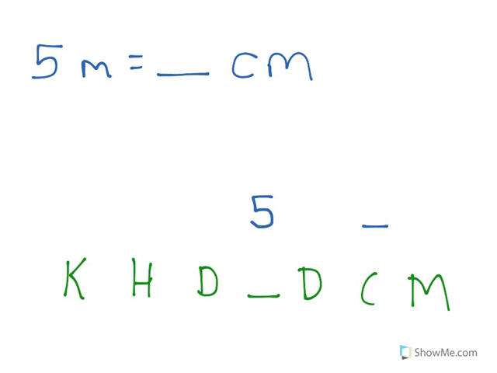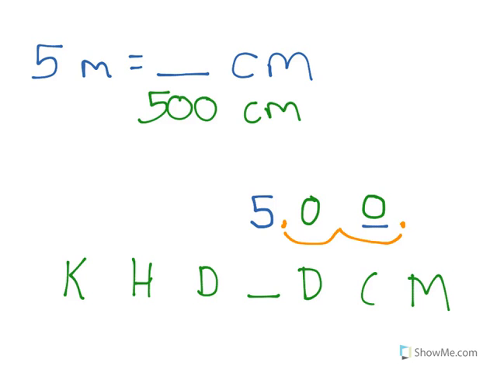Remember that behind every number is an invisible decimal. I need to move this decimal to right here. So I'm going to make 1 jump, 2 jumps. With every jump I made, I need to add exactly a 0. So I now have 500. So 5 meters equals 500 centimeters.